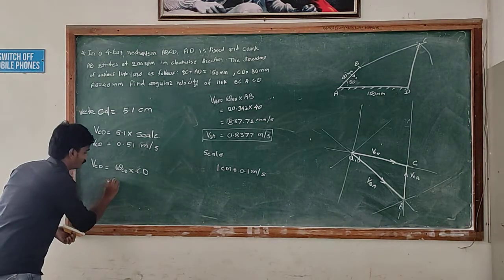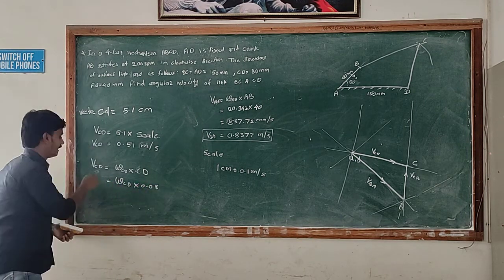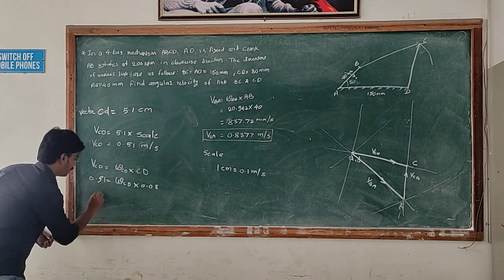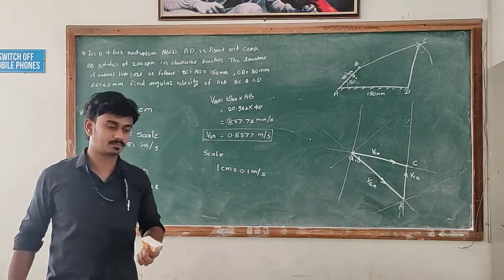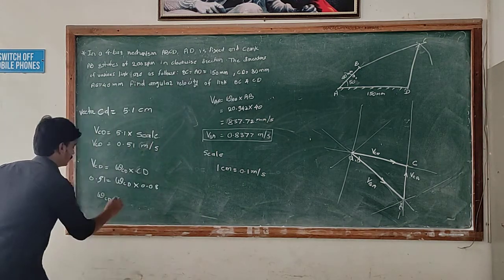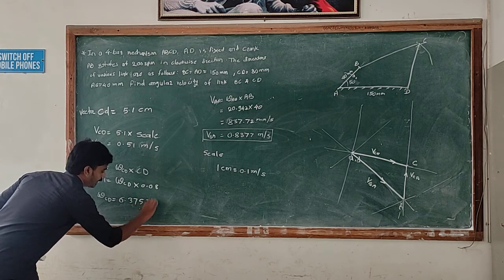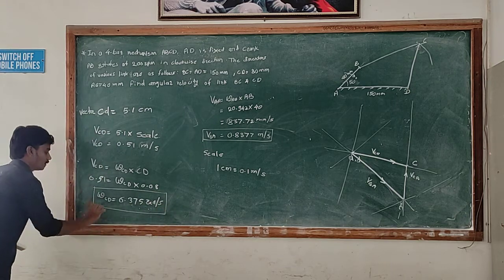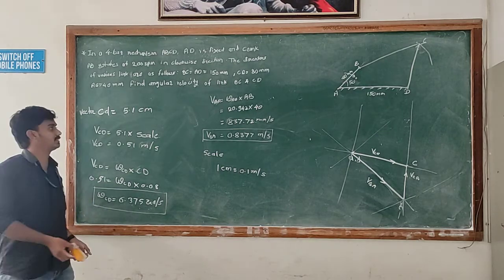So omega of CD into 0.08 equals 0.51, and if we solve this, the angular velocity of CD is 6.375 radian per second. This is the angular velocity of the link CD.